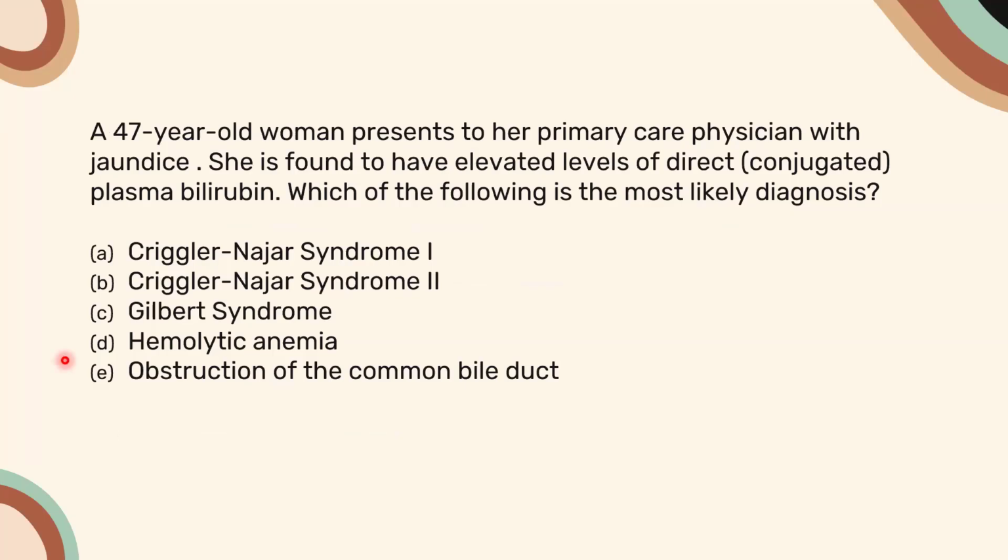A 47-year-old woman presents to her primary care physician with jaundice, and she is found to have elevated levels of direct bilirubin. Which of the following is the most likely diagnosis? So here it's going to be obstruction of the common bile duct, because all of these are what? They are unconjugated hyperbilirubinemias. In Crigler-Najjar type 1, there is complete absence of the UDP enzyme, so conjugation reactions can't happen.